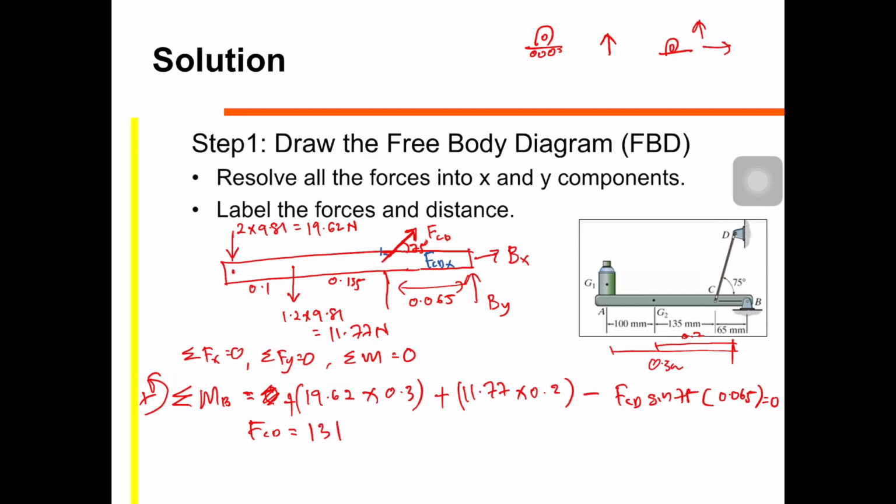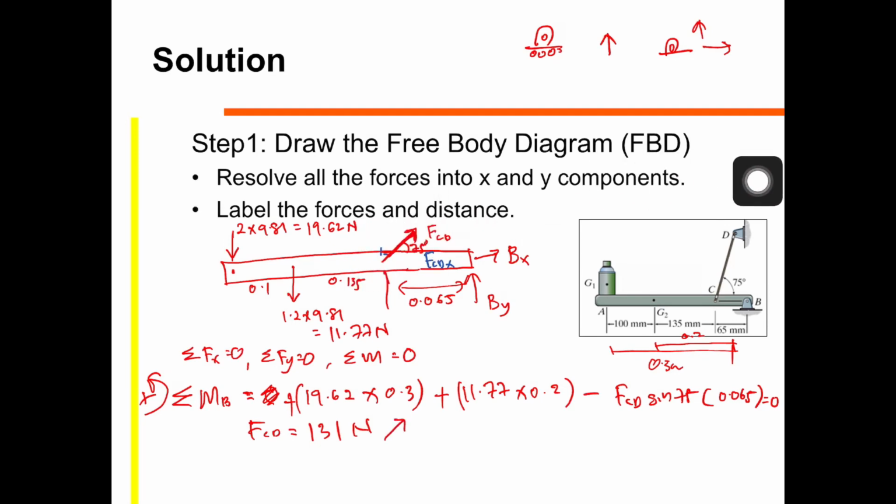So you got the answer 131 Newton. The sign is positive, so your assumption here is correct, this direction.